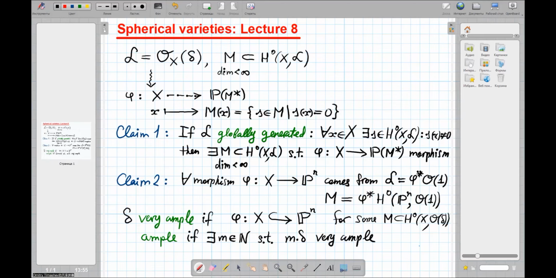Let me comment about the definition of an ample divisor. For an ample divisor, such an M may not exist. But if you replace delta with a multiple, then such an M exists. Replacing delta with a multiple means that you replace the line bundle L with its m-th tensor power.